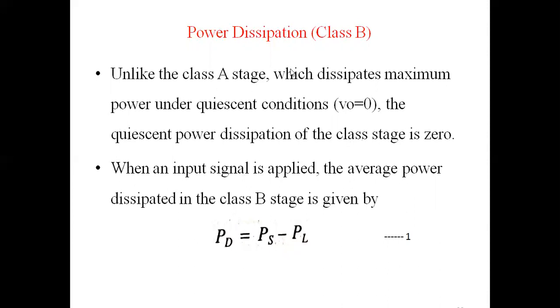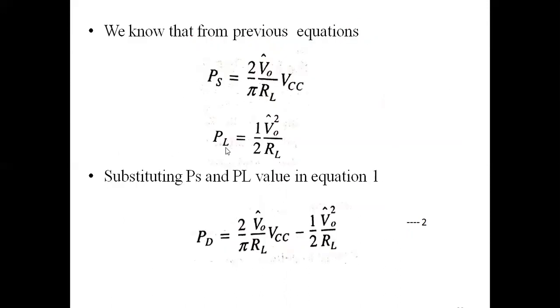The quiescent power dissipation of the class B stage is zero when V naught is equal to 0, and when we apply an input signal, the average power dissipated can be calculated by subtracting PS minus PL, that is power dissipation, and substituting the values of PS and PL from the previous discussion.